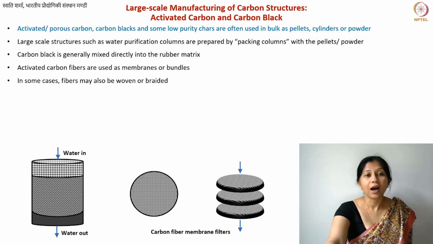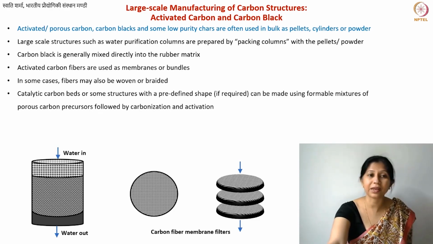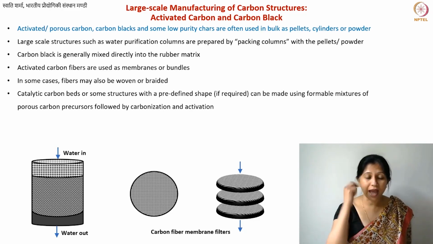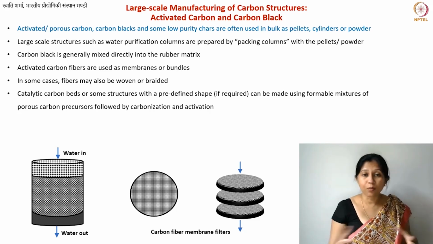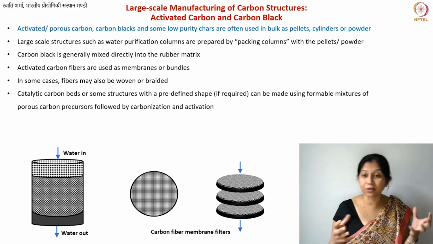Okay, carbon fibers, activated carbon fibers can also be used as bundles, and then again you can use them for various applications. Catalytic activity. So activated carbons are also often used as catalytic beds. So in that case, you probably need a surface. Or sometimes it is also done using columns.